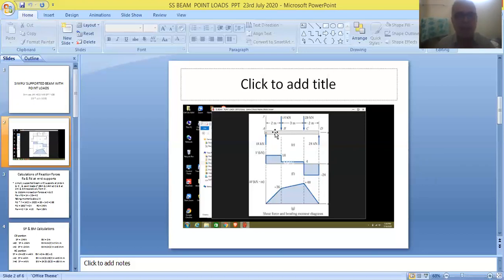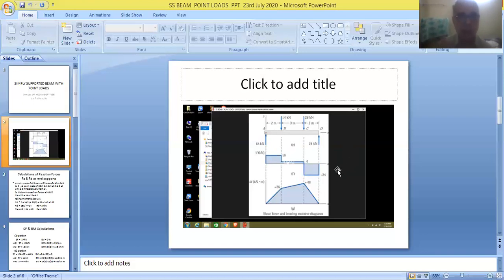And at the AB region, we have to consider all these three forces. This force, this force, and this force must all be taken into consideration. So friends, this is the way of framing equations and solving the problem.